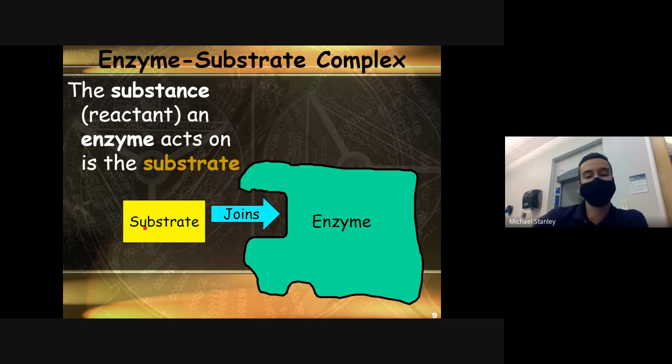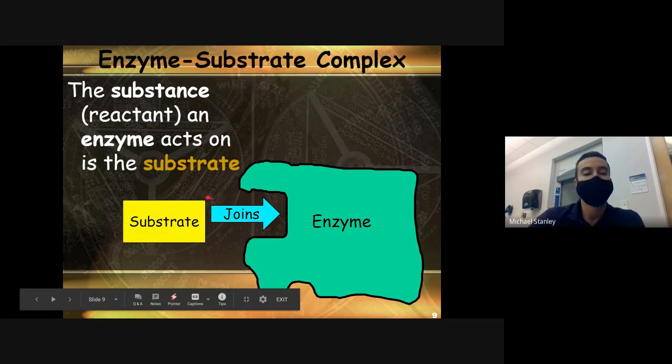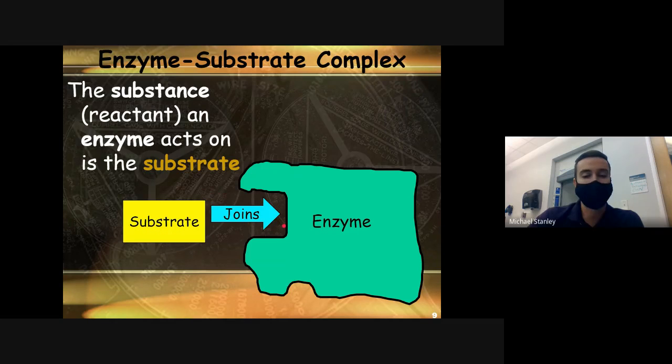So the substrate is going to go into the active site on the enzyme. So that is kind of what the active site is there for. The little pocket, the little hole on the enzyme, that is where our substrate is going to go into.